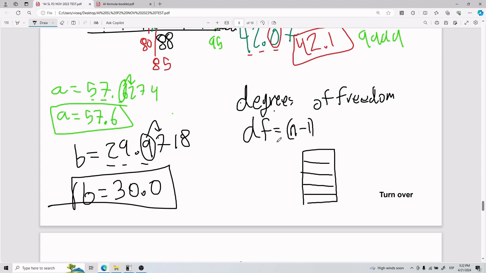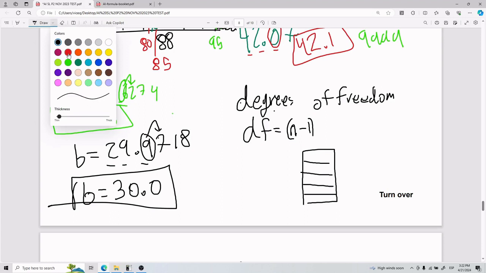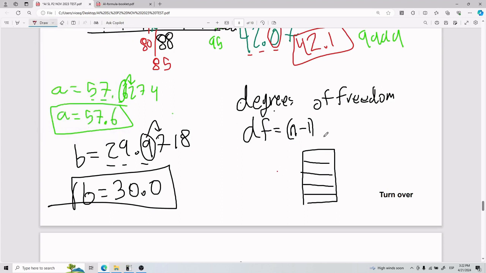I don't want to jump too much into it because it can get a little bit confusing. This is the kind of thing I will suggest that you just sort of memorize. And so if my n was 5, my degrees of freedom here is going to be 4.